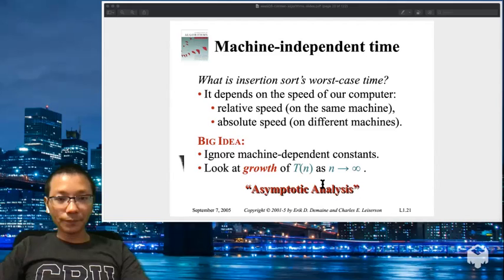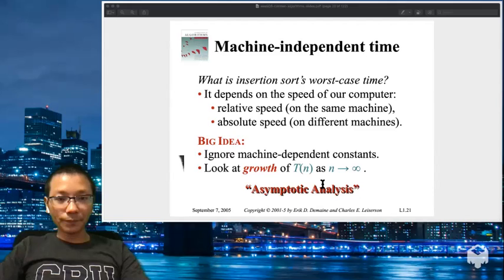So we also want to remove machine-dependent constants. Some machines are faster or slower, but we're more concerned with the growth of the running time when the input size grows, approaching infinity, right? Here, the input size n, in the case of our insertion sort, is the number of elements in the array, the number of elements we need to sort.